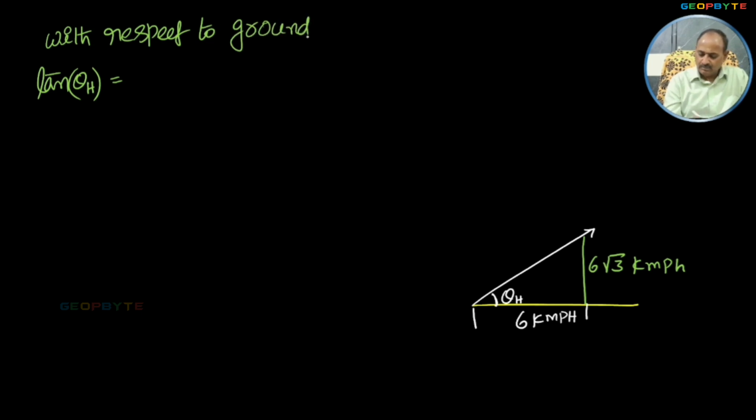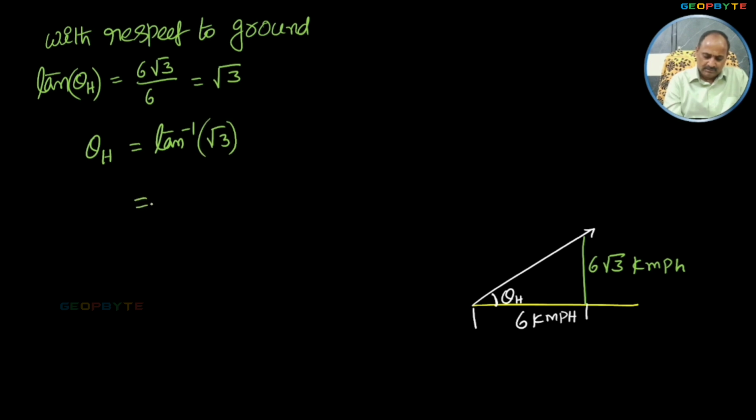With respect to ground, tan theta equal to what? Opposite side, 6 root 3 divided by 6. 6 is cancelling. It is root 3. Then theta equal to tan inverse root 3, that is equal to 60 degrees. With respect to ground, it is 60 degrees.